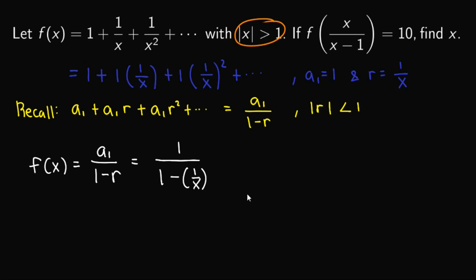So this is the new form of our f. But to simplify things further, we can multiply by x over x. Note that we can do that since we know that x is not equal to 0, since, again, absolute value of x is greater than 1. So this is just equal to x over x minus 1, and this will be the form that we'll be using.